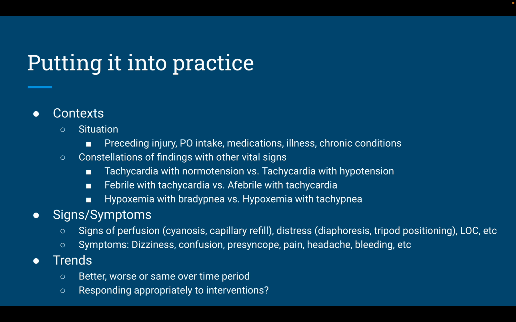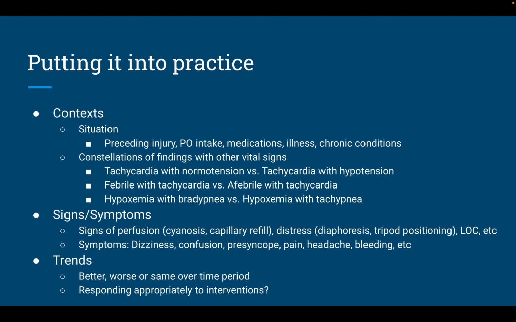The important signs and symptoms to correlate here, there's certainly several of them, but in particular, I'll highlight perfusion, things like cyanosis, bluish coloring of the skin, delayed capillary refill greater than 3 seconds, signs that this person might not be getting sufficient perfusion and blood flow.